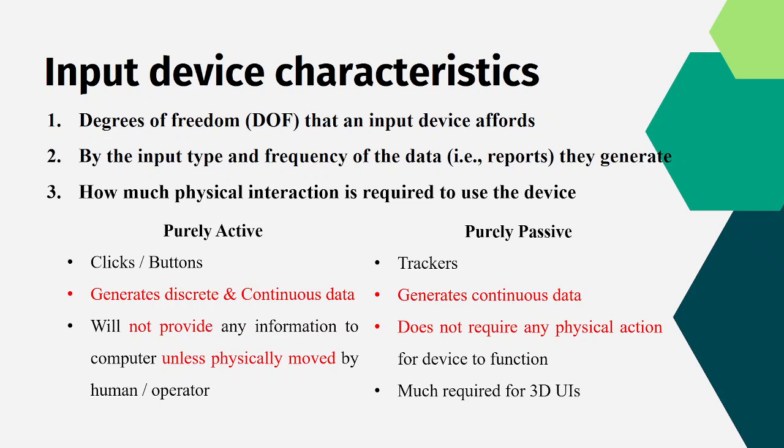That is the role of a tracker. Now, when we talk about 3D user interfaces, when we try to interact with the environment, it is always better to have a purely passive device which is continuously interacting and giving me updates on the location. So that is another point for 3D user interfaces.